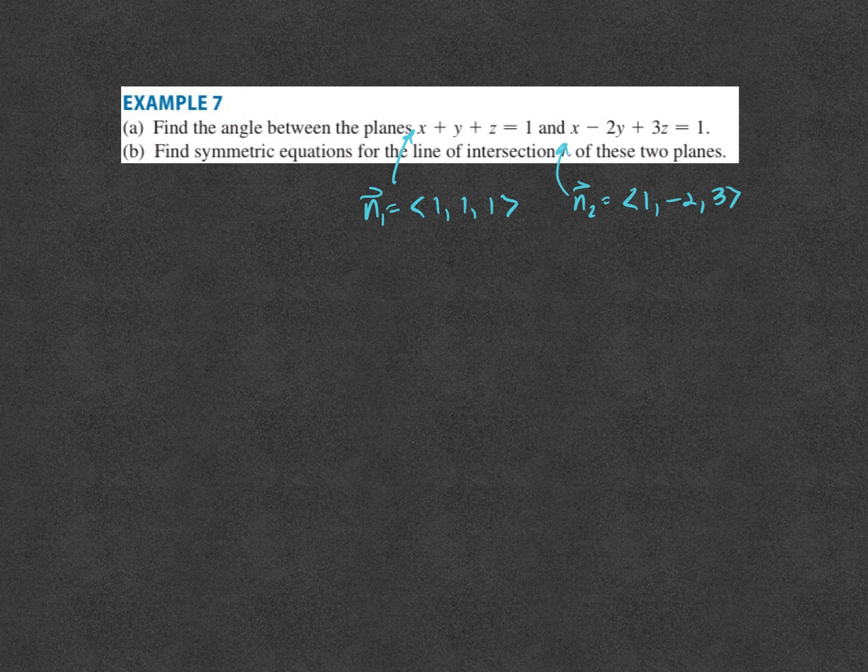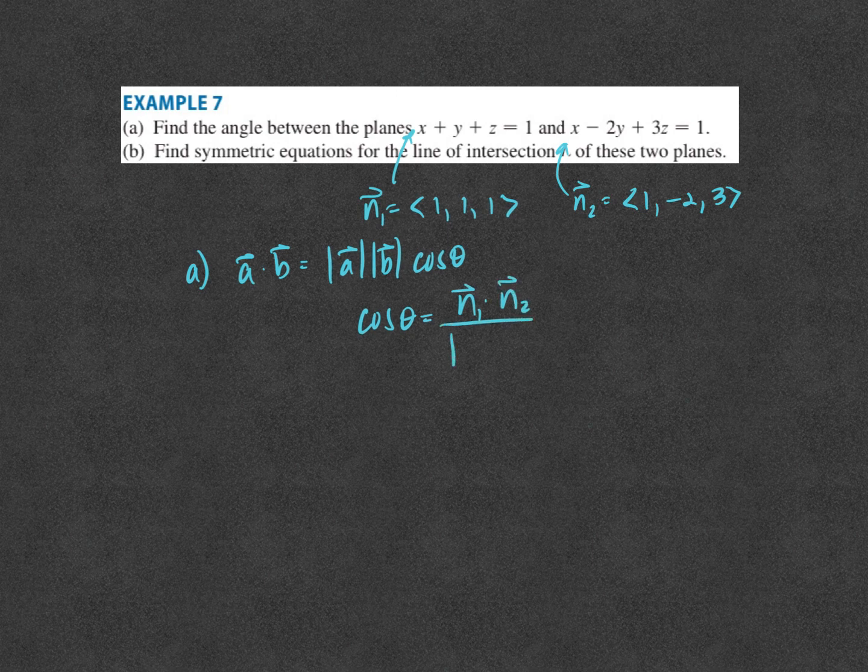Now, part A says find the angle between them. And I know that a dot b equals the length of a times the length of b times cosine of theta. So that means cosine of theta equals, I'm going to put this in terms of n1 dot n2 over the length of n1 times the length of n2. So I just changed my a's and b's to n's. So here I have 1 times 1 is 1, 1 times -2 is -2, and 1 times 3 is 3.